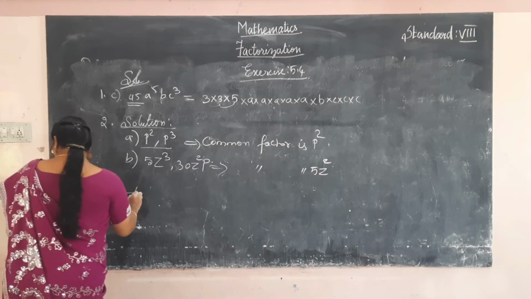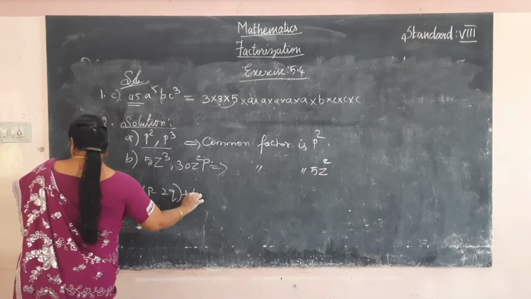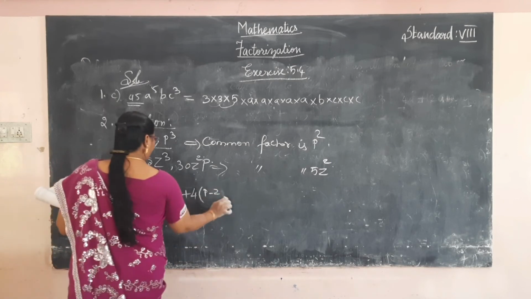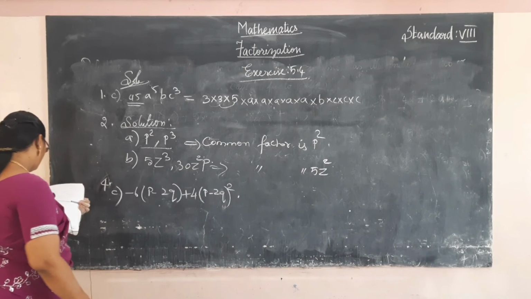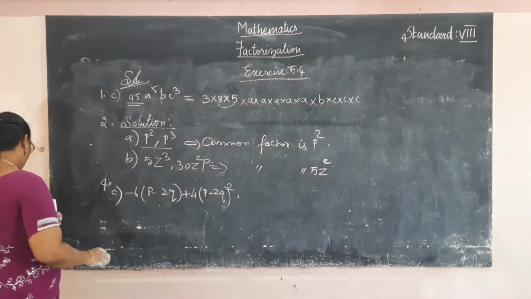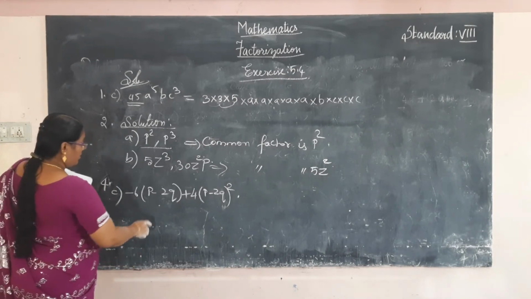Factorize minus 6 into P minus 2Q plus 4 into P minus 2Q the whole square. How do you solve this?